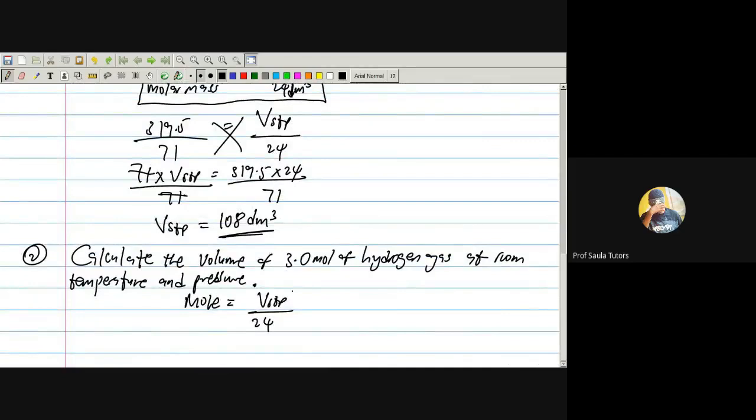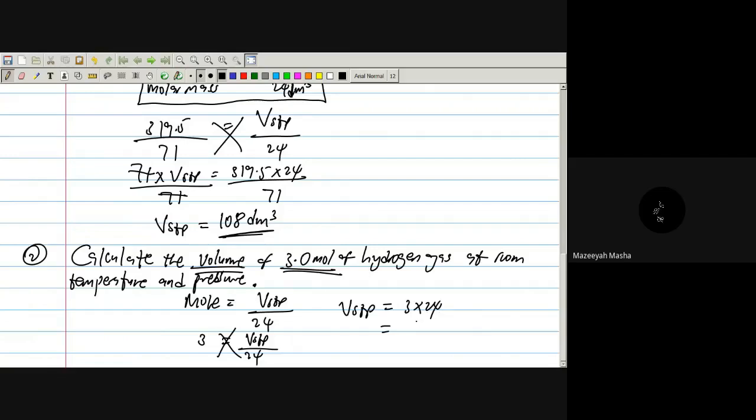So what do I do? What is my mole from here? My mole is 3, good. Equal to, I don't know the volume, that's what they asked me to calculate, divided by 24. So cross multiply. The volume at STP equals 3 times 24. What's 3 times 24? 3 times 4 is 12, so 72 dm cubed.